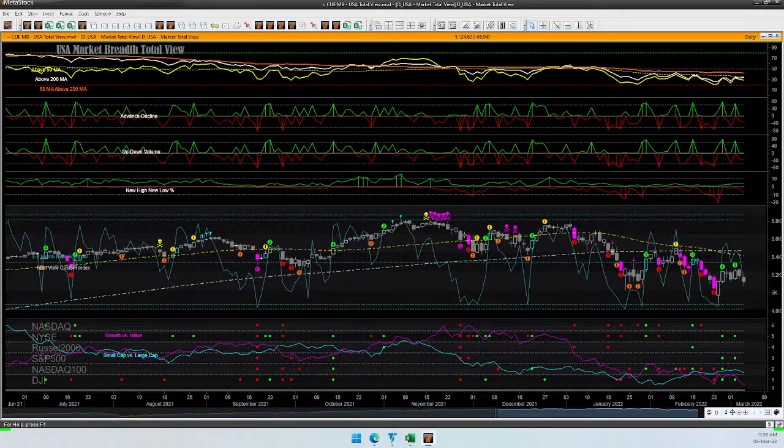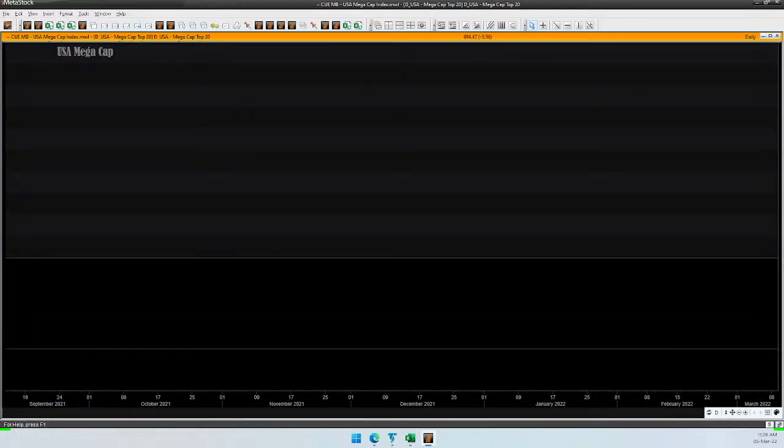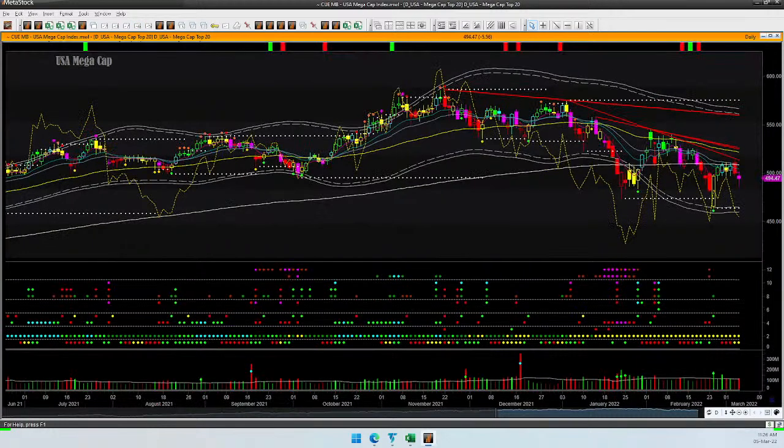How are mega caps doing? This is the mega cap custom index in a downtrend, has trendline resistance, no trendline support. Friday has a bearish flow. However, the candle shape is indecisive, even more indecisive than QQQ.